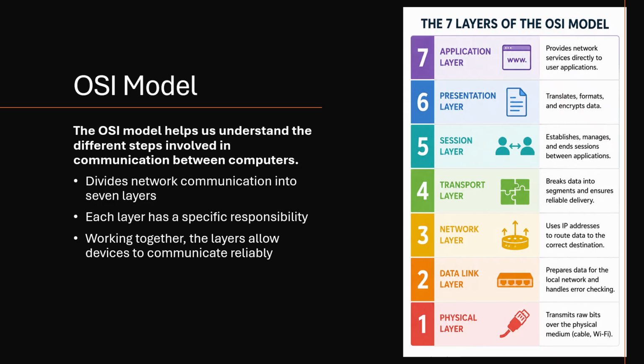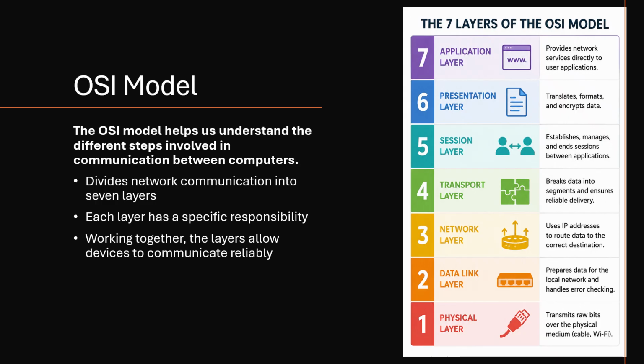For example, when you send an email or load a web page, the data passes through all 7 layers before it leaves your computer. And when it reaches the destination, the process happens in reverse as the data moves back up through the layers. You don't need to memorize every detail of every layer. The important idea is that network communication is organized into layers, with each layer performing a specific job.